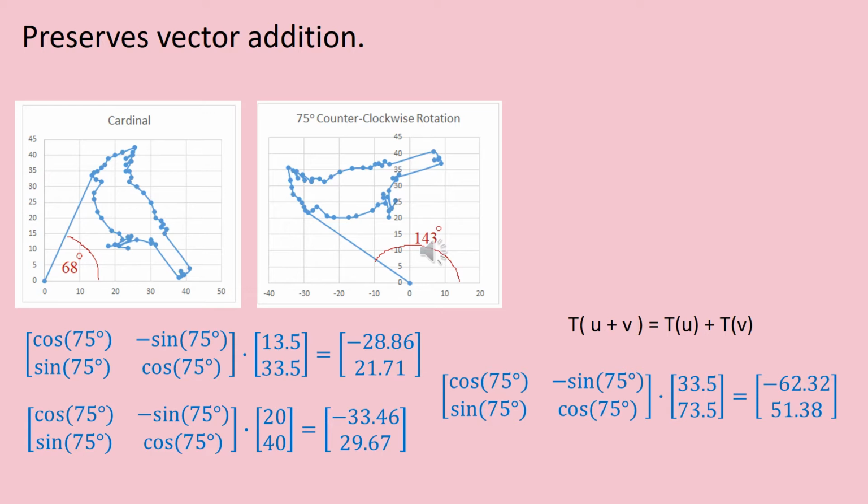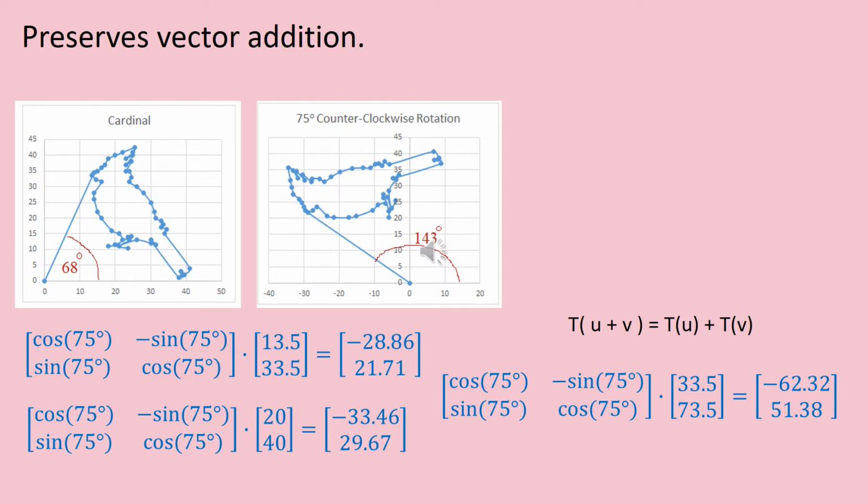Now, if I added those two coordinates together, so 13.5 gets added to 20, so I added the two x's, I get 33.5. And then if I add the two y's, 33.5 added to 40 gives me 73.5. And I apply the transformation to the sum of those coordinates, I will get negative 62.32 for x and 51.38 for y.